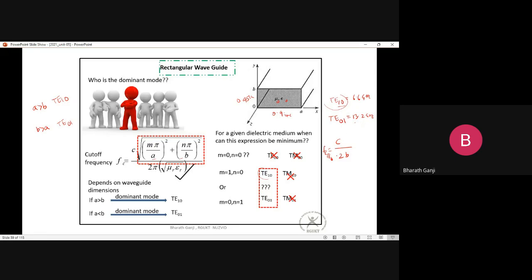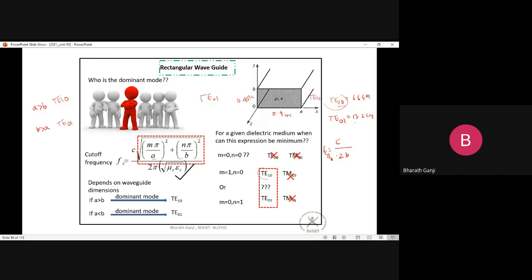Because if I say TE10 mode is propagating in the waveguide, that means I am saying that there is a mode with electric field in this direction. Okay, if I say in this waveguide TE01 mode is propagating, you can calculate that for TE01 mode the electric field will be in x direction. So it all depends upon in which direction the electric field is carried. If the electric field is perpendicular to the broader dimension, then we'll say that in this waveguide TE10 mode is propagating.